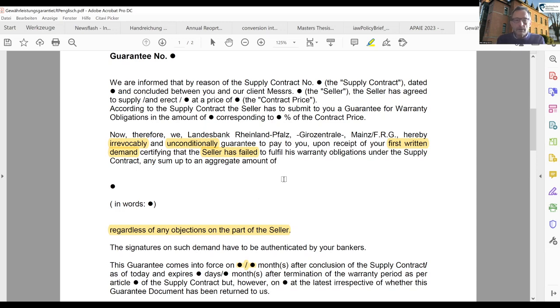So the bank does not have the right to check if it's correct or not, if the goods are correct or not. If the beneficiary says, I want to claim because the seller has failed, then the bank has to pay. So therefore, it might also be a little bit critical for the orderer, in that case the seller of the guarantee.